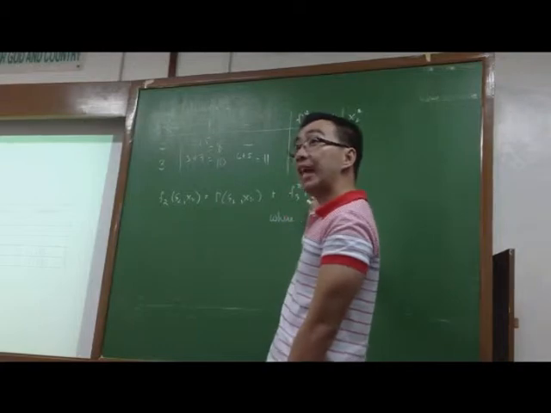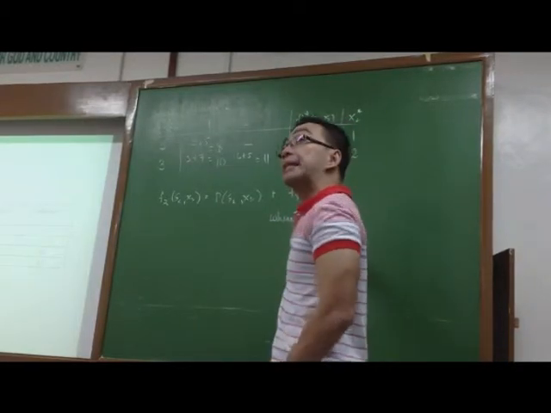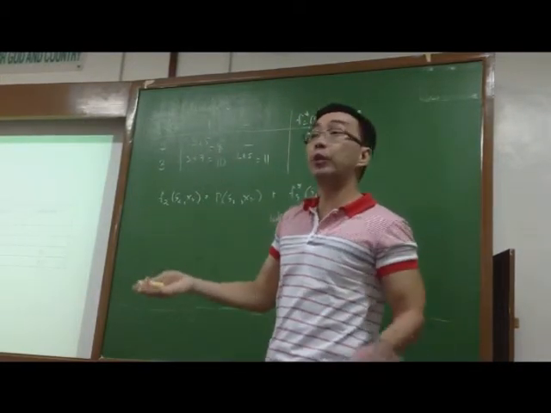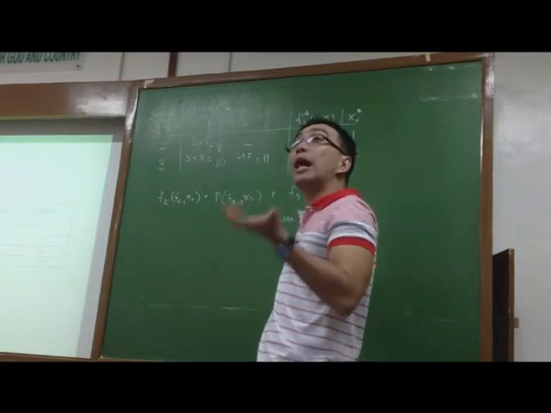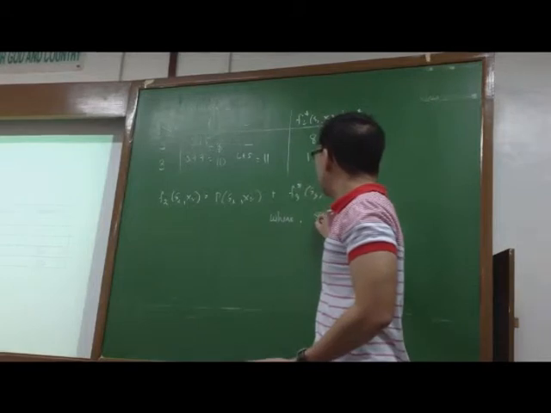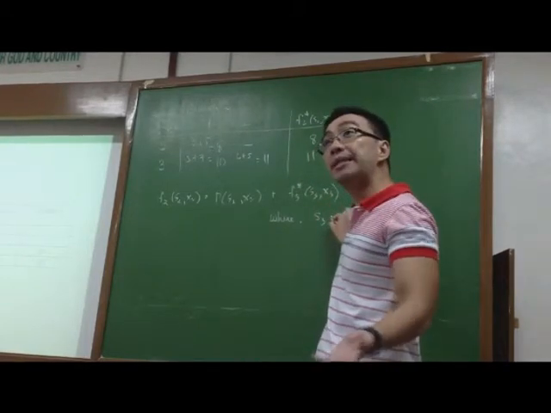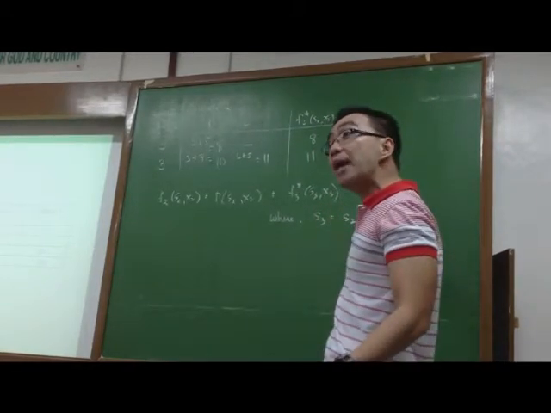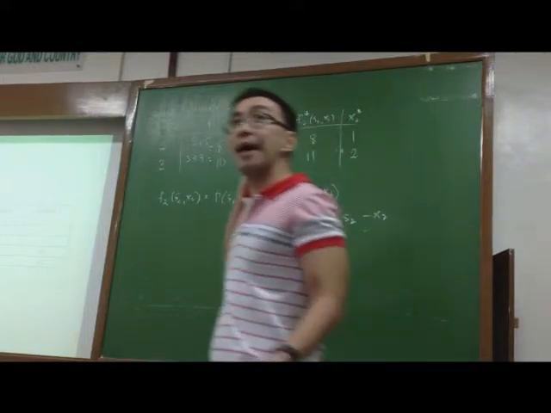Ito lang may S3, tsaka X3. Yung X3 walang problema kasi depende on the decision natin. Yung S3 is something that is dependent on our decision sa stage 2. So S3 is equal to what? It is basically S2 minus X2. Di ba?